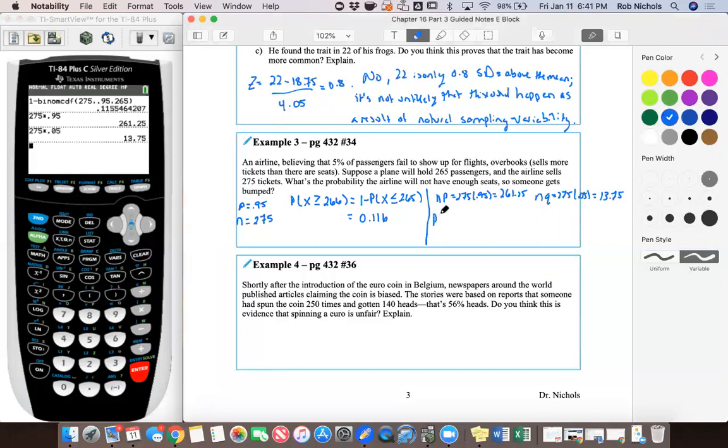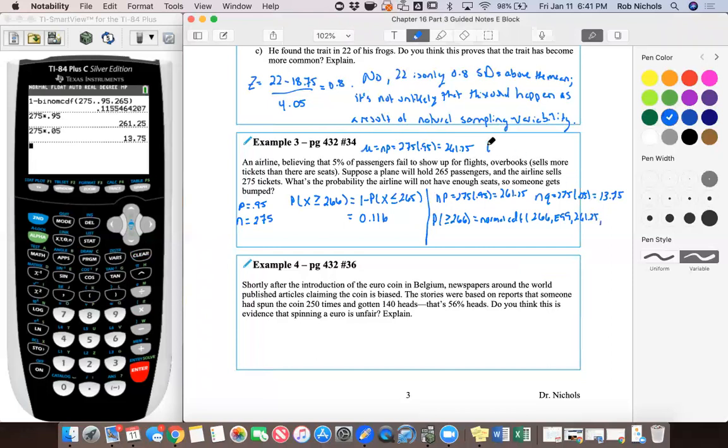So we want to find what's the probability that we get more than 266. So if I'm using a normal probability, I would do normal CDF of 266, comma E99, comma the mean, which we found was n times p. So mu equals n times p, which equals 275 times 0.95, which equals 261.25.